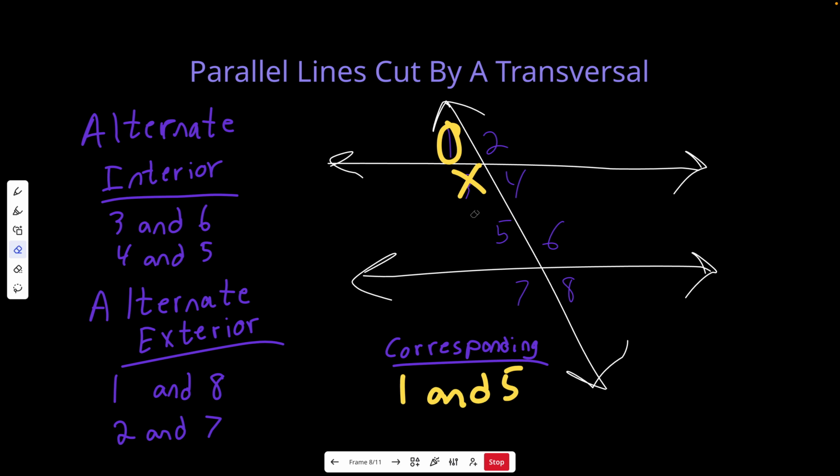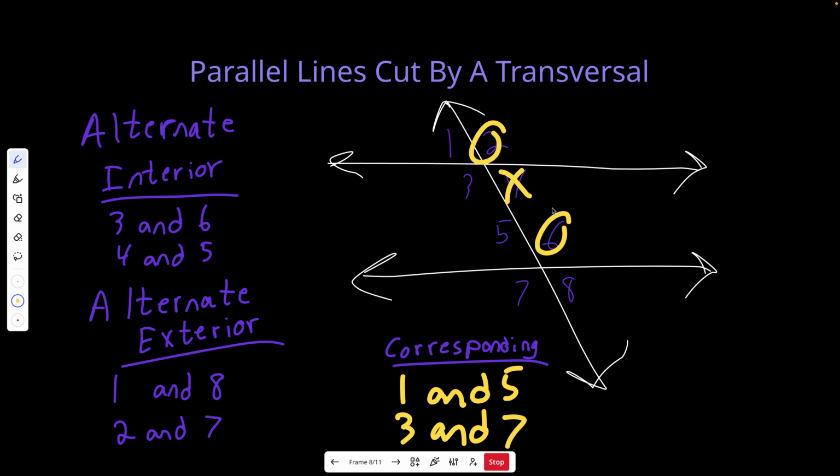Or, let's switch it up: if you start at 3, skip 5, go to 7. So 3 and 7. Then we could do the same thing on the other side. We could start at 2, skip 4, go to 6. So 2 and 6.